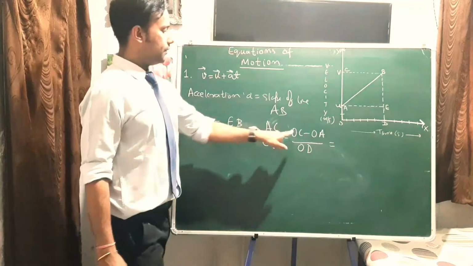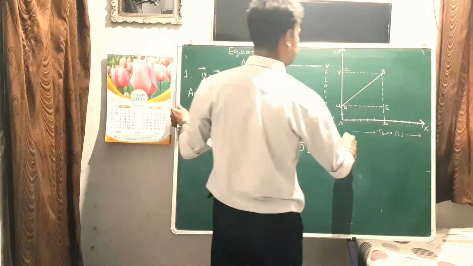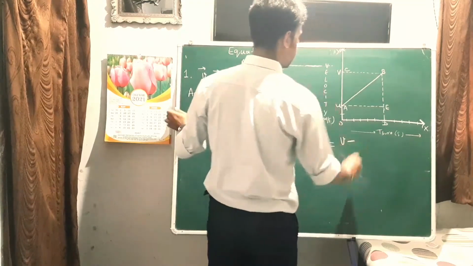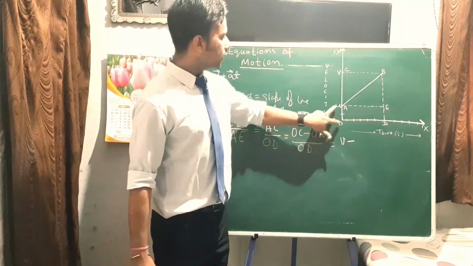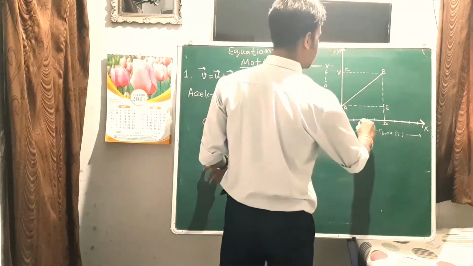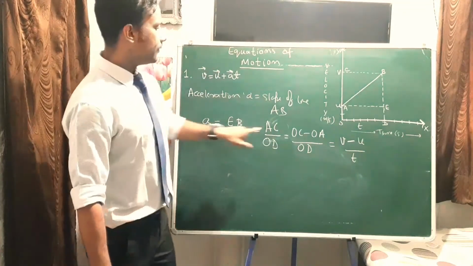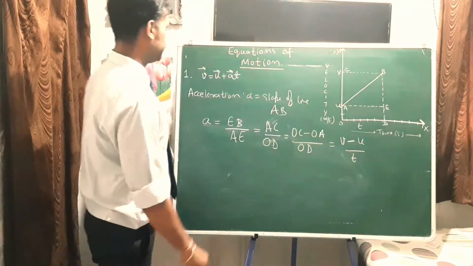Now what is OC? OC is v. Minus, what is OA? OA is u. Upon OD, which is time t. So a we get v minus u by t.